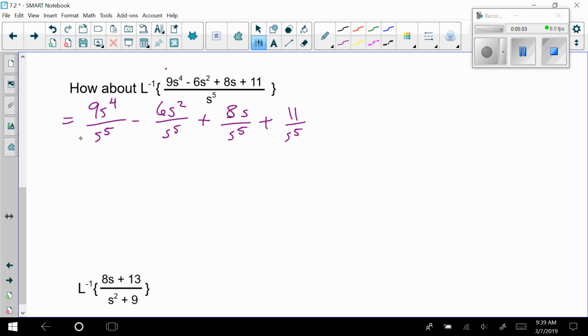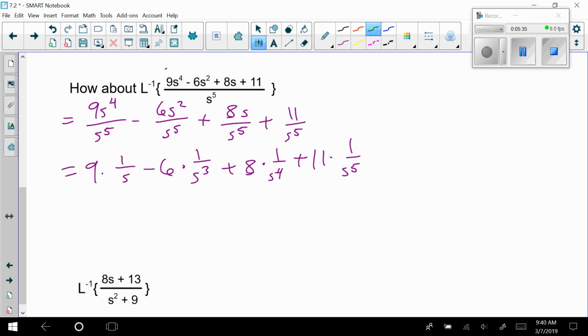Breaking it down even more, it'd be 9 times 1 over s, minus 6 times 1 over s cubed, plus 8 times 1 over s to the 4th, plus 11 times 1 over s to the 5th.